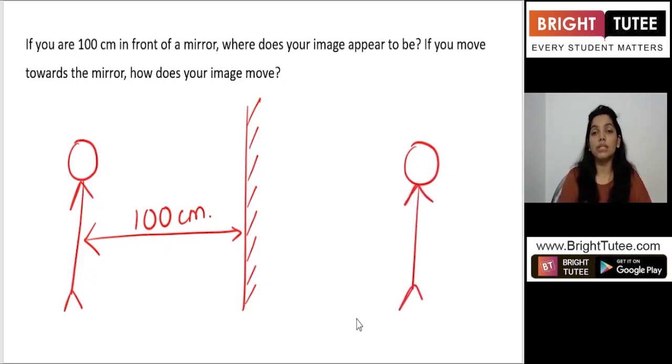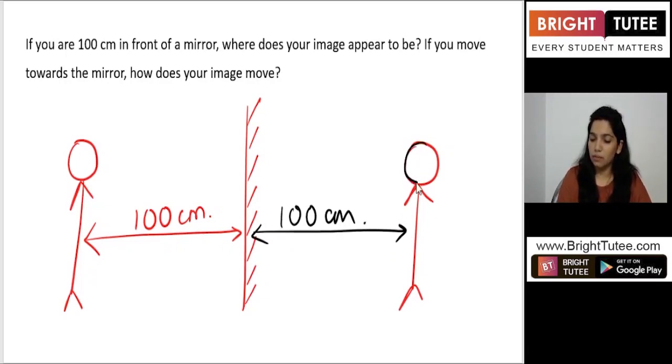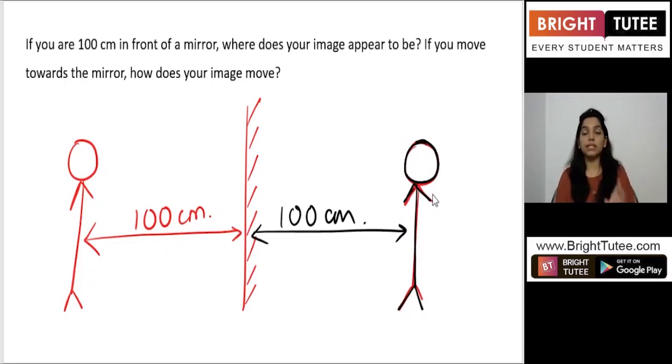Is that right? So here comes the reflection of this person. We will notice that this image is exactly 100 centimeters away on the other side of the mirror. So what do we notice? If an object is kept at a certain distance from the mirror, its image will be exactly the same distance away from the mirror.